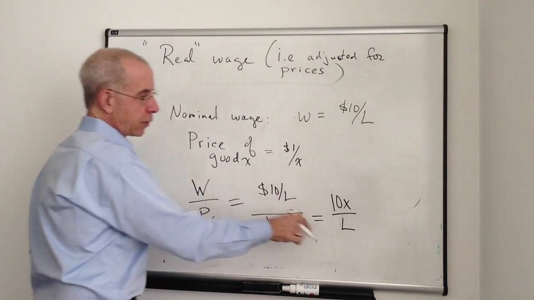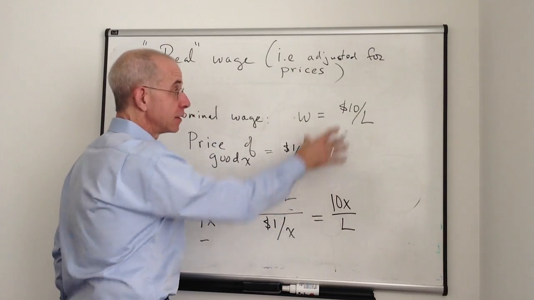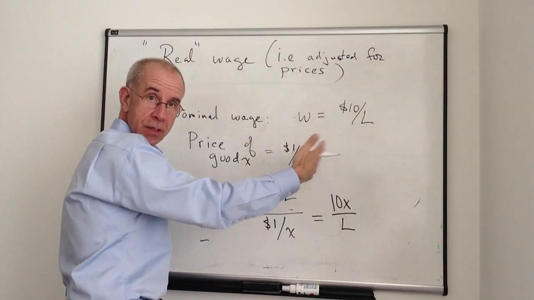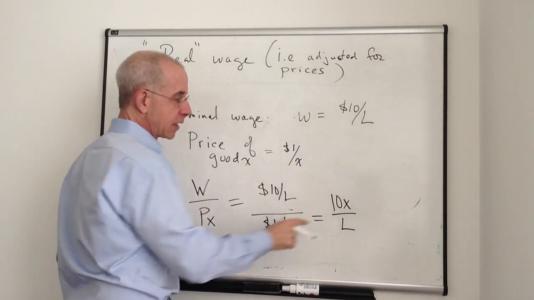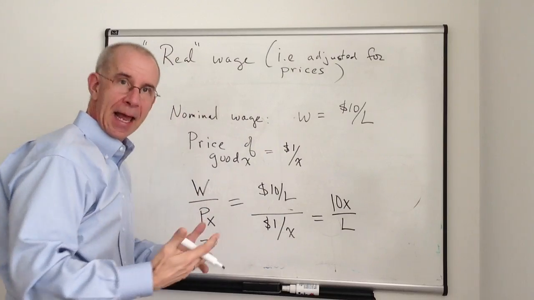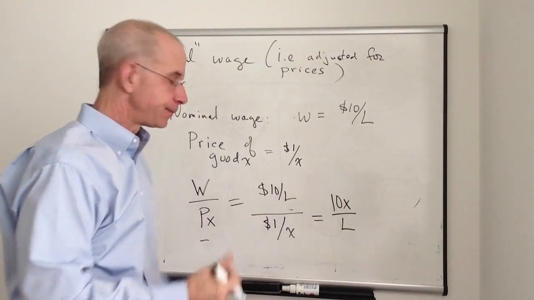So you get exactly the same idea that we came up with just using the intuition. $10 per hour, $1 per X. The real wage is 10X per unit of labor.